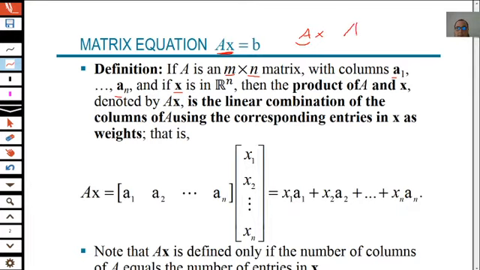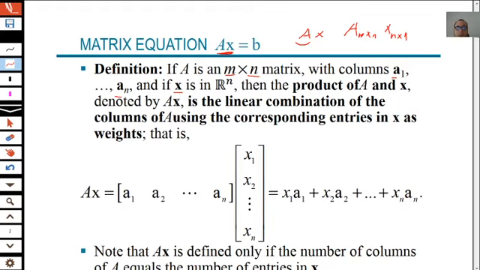Let's write again: A has the size m by n and x has n components, x1, x2, up to xn. Therefore it is a matrix of size n by 1.